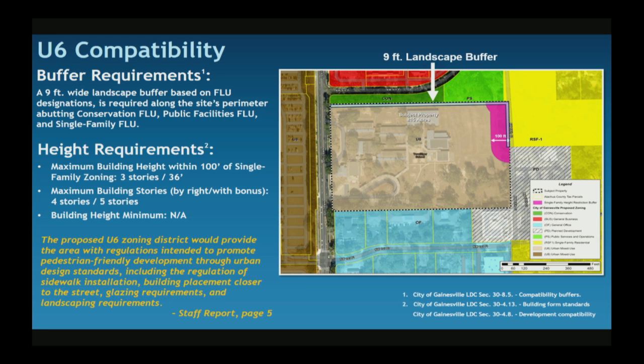There is a building height requirement of 3 stories maximum within 100 feet of single-family residential areas. Otherwise, on the site, the U6 zoning allows 4 stories by right and 5 stories are eligible under bonus. Staff has found that the zoning would provide compatibility with the surrounding uses.